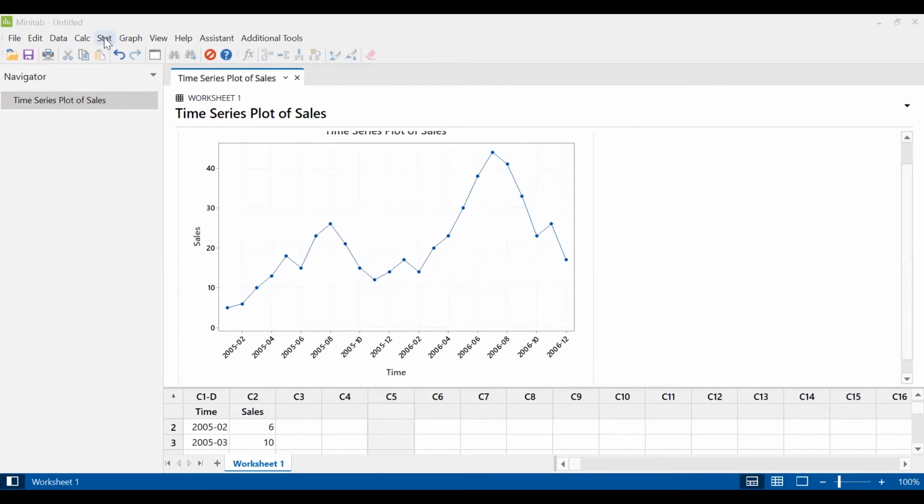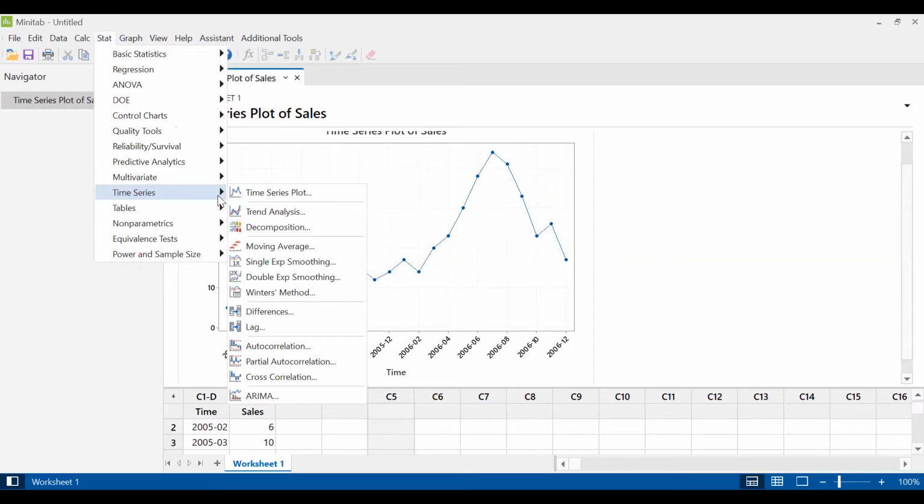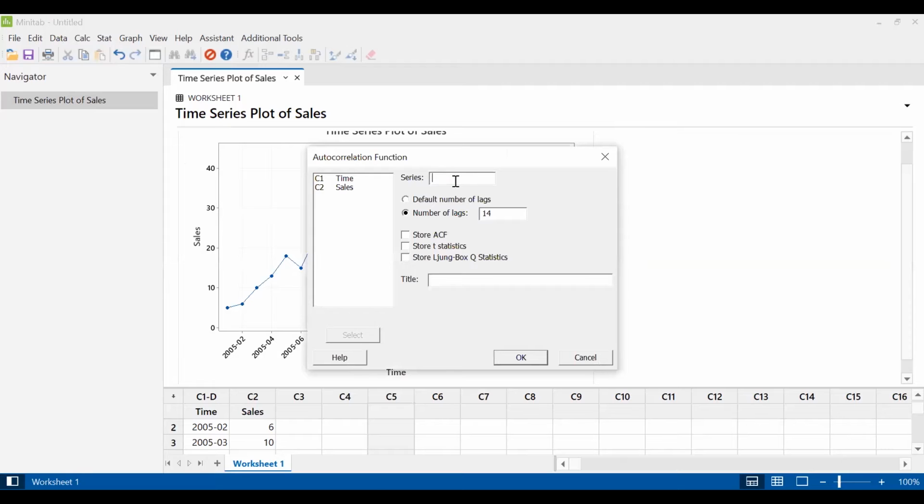All right, so let's do the autocorrelation graph. We'll go back to Stat, click on Time Series, click on Autocorrelation. And we're going to do Sales. I did this before recording the lecture, that's why you see something there. If we pick the default number of lags, we only get about 6 lags. And since we know this is monthly data, we could pick 14.